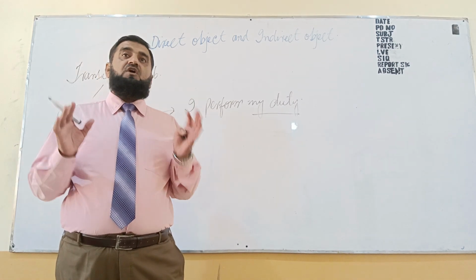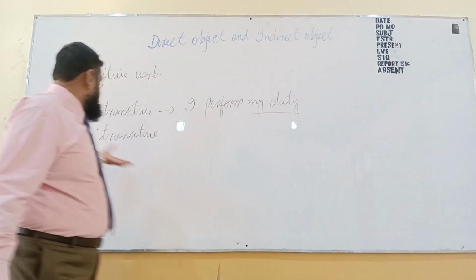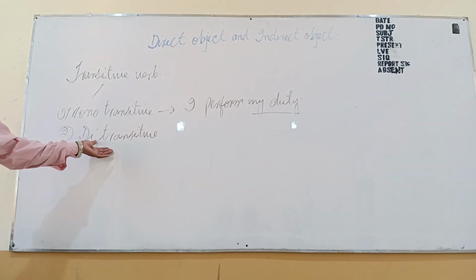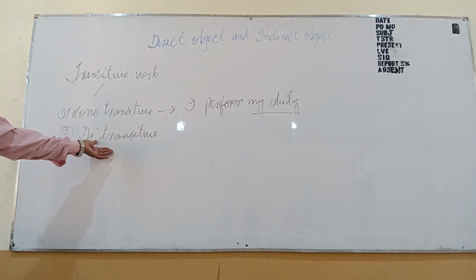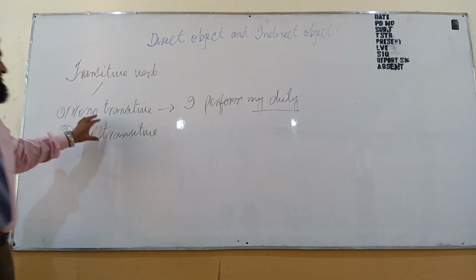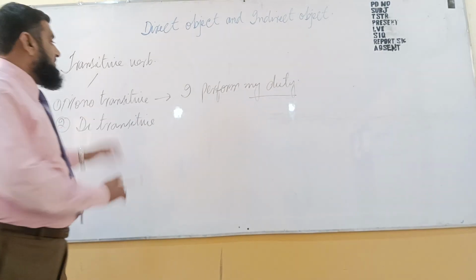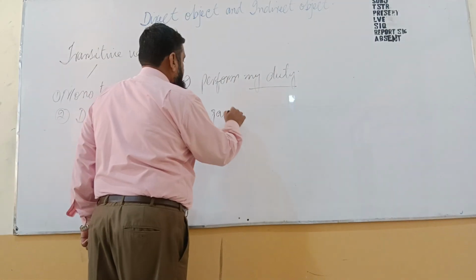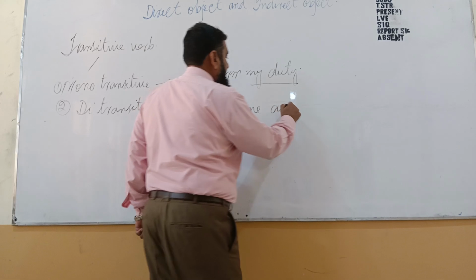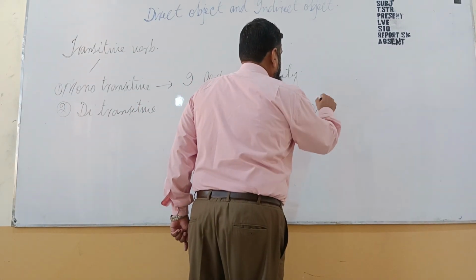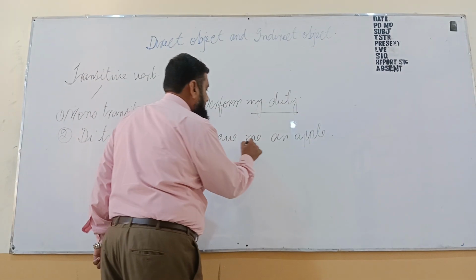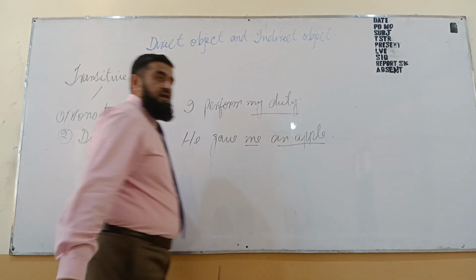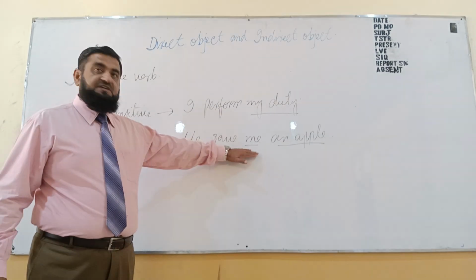But when there are two objects in a sentence and the verb is ditransitive, which needs two objects, for example, he gave me an apple. Here just see, me and an apple. Here we have two objects.